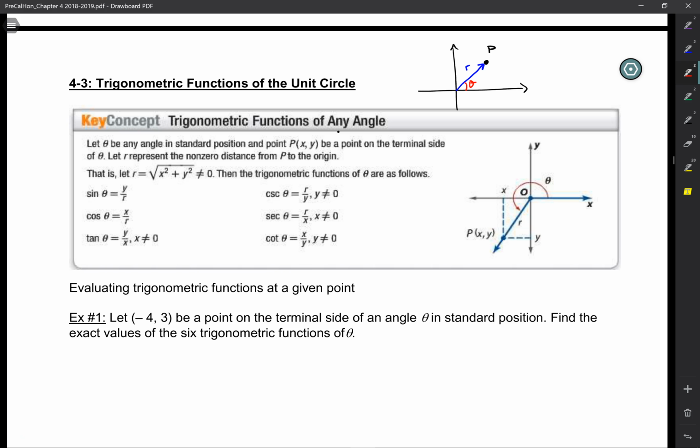One is I could just walk along the radius, or I could go over horizontally a little bit and then vertically a little bit. Okay? If the coordinates of that point P are x comma y, how much am I going to walk horizontally?